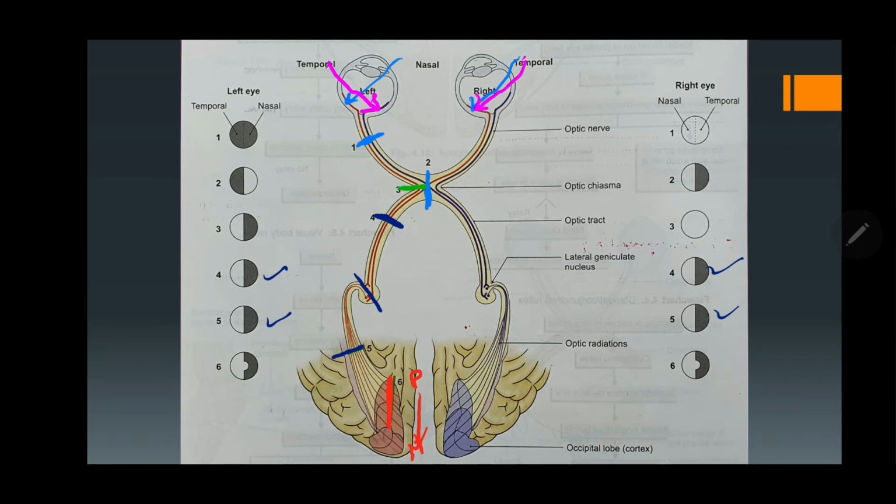Because the lesion is not reaching up to this, mostly in the visual striae, this occipital pole is spared because of the dual blood supply. I told you that the blood supply is by two arteries. This inferior surface is supplied by the posterior cerebral artery.